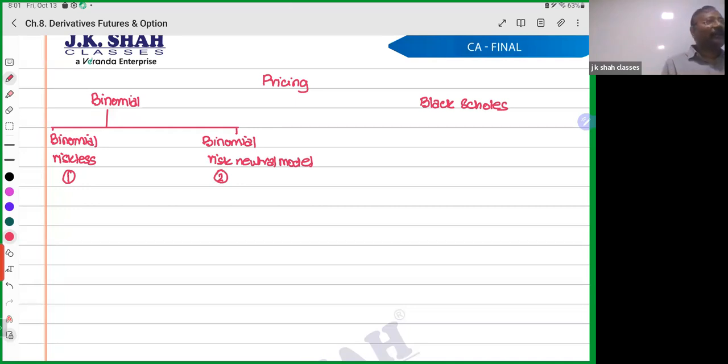Some flaws still remained. And then came Black-Scholes, which is considered to be one of the most perfect models devised by humankind, and for which they won the Nobel Prize. Right? So this is how it advanced. So obviously binomial riskless is a very simple model. A little more complicated than that is risk neutral, and Black-Scholes is the most complicated of them all.